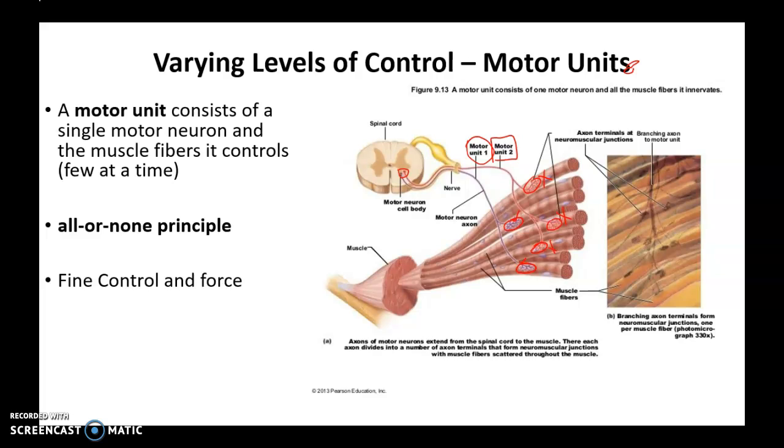Therefore, how many motor units are recruited correlates with fine control versus force. For fine control or less force, we recruit a smaller number of motor units, but for actions that require a lot of force, we recruit a large number of motor units.